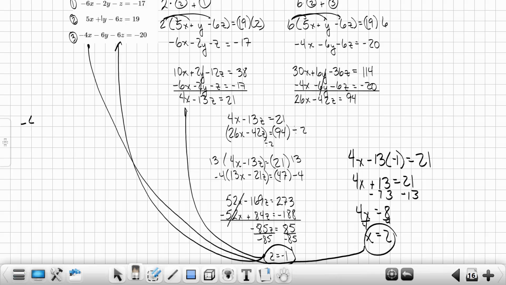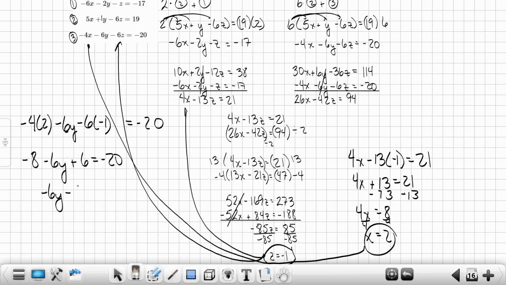So now I've got negative 4 times 2 minus 6y minus 6 times negative 1 equals negative 20. Sorry about the arrows cutting in through that. Now I have negative 8 minus 6y plus 6 equals negative 20. Combine like terms.